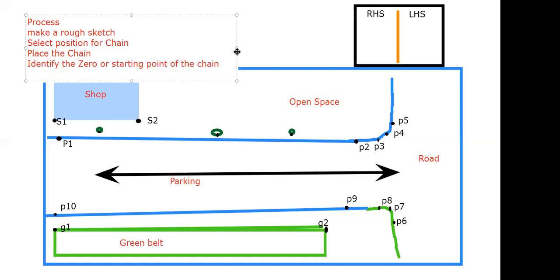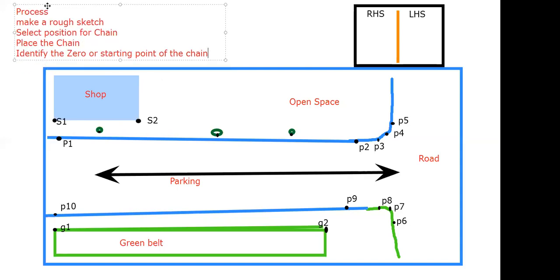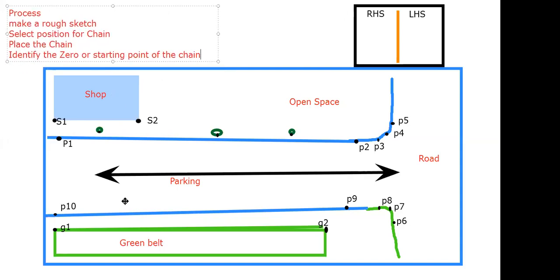It's up to you whichever end of the chain you are taking as your starting point. You can either take this end of the chain as your zero, or you can take this end of the chain as your zero. It's totally up to you, whichever you are taking. So the tip for selecting zero is just select that position as zero, which has more features near to it.